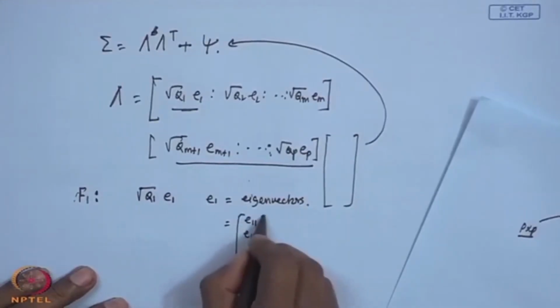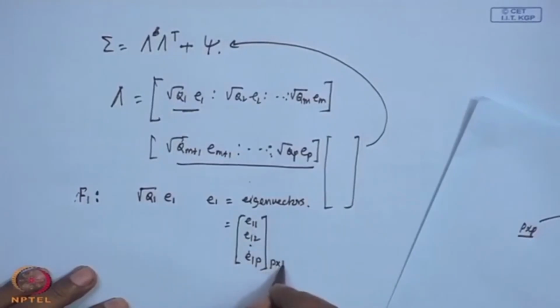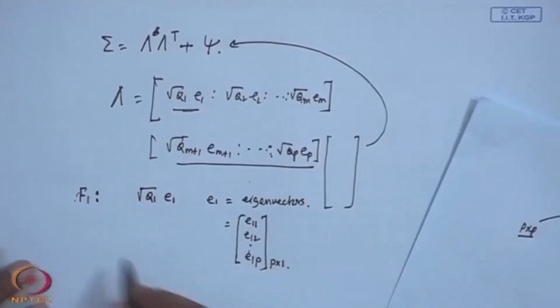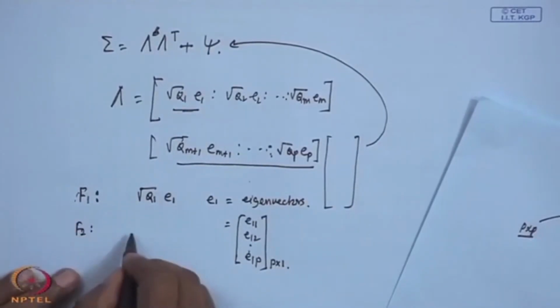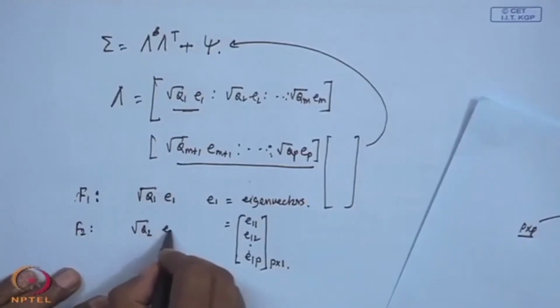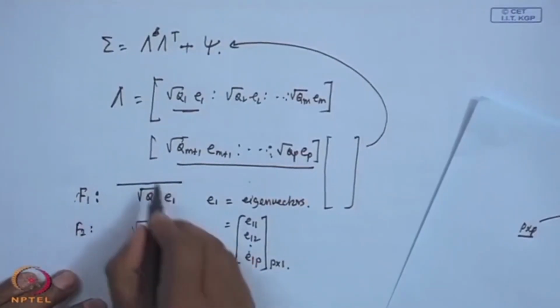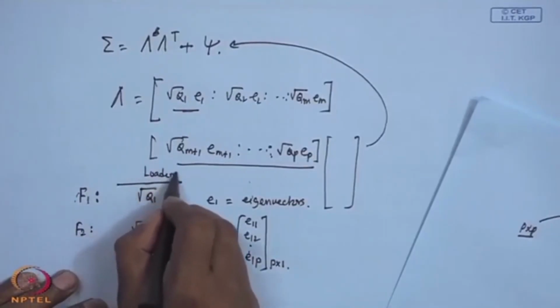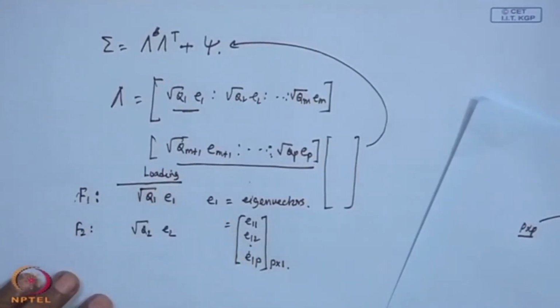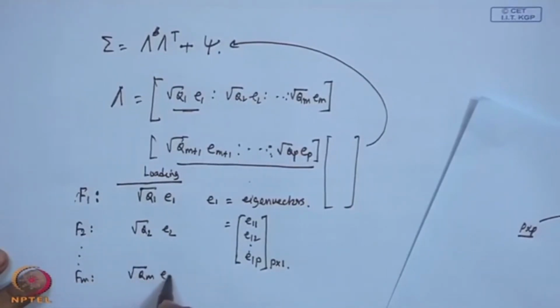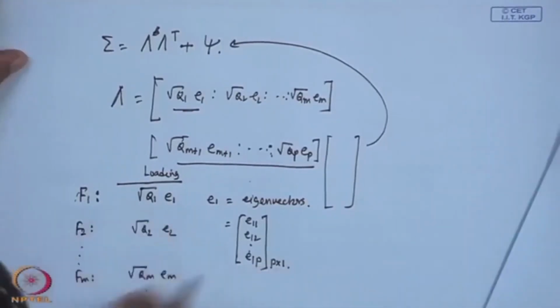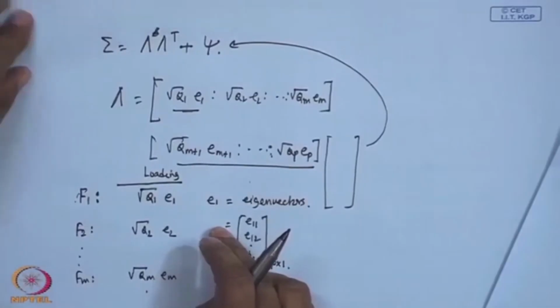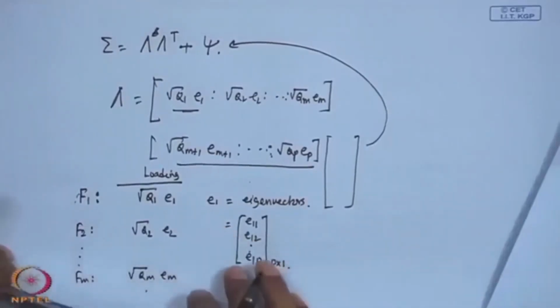So how many variables are there? p variables, p cross 1. For factor 2, it will be root q2 e2. I am talking about the loading part. Similarly, for factor m, this is root qm em.